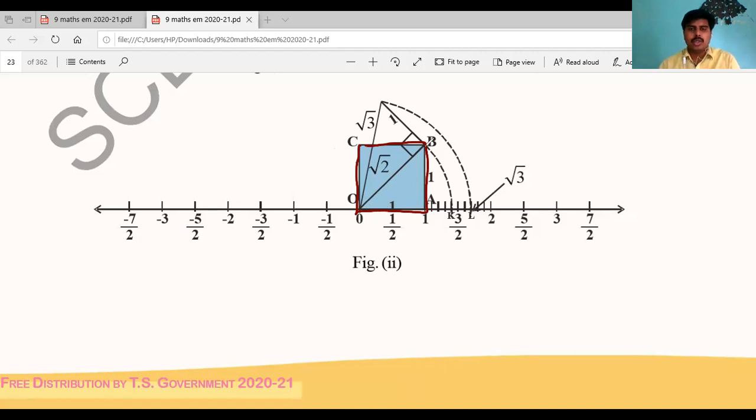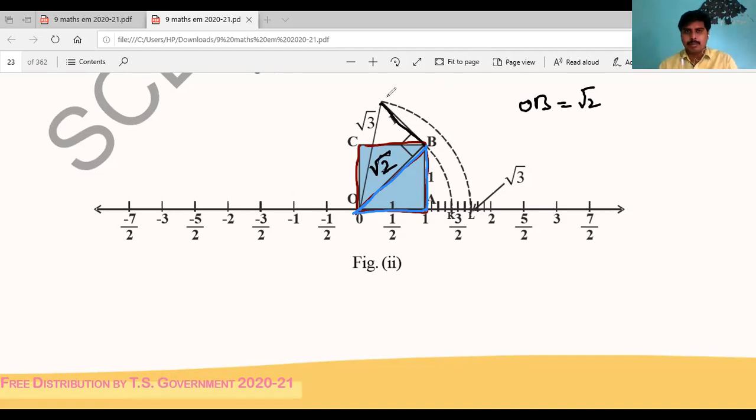Okay. So now this OAB is a right angle triangle. And on that, this is a length of root 2. OB is the hypotenuse, which is root 2 length, right? Now I am taking again a unit length.